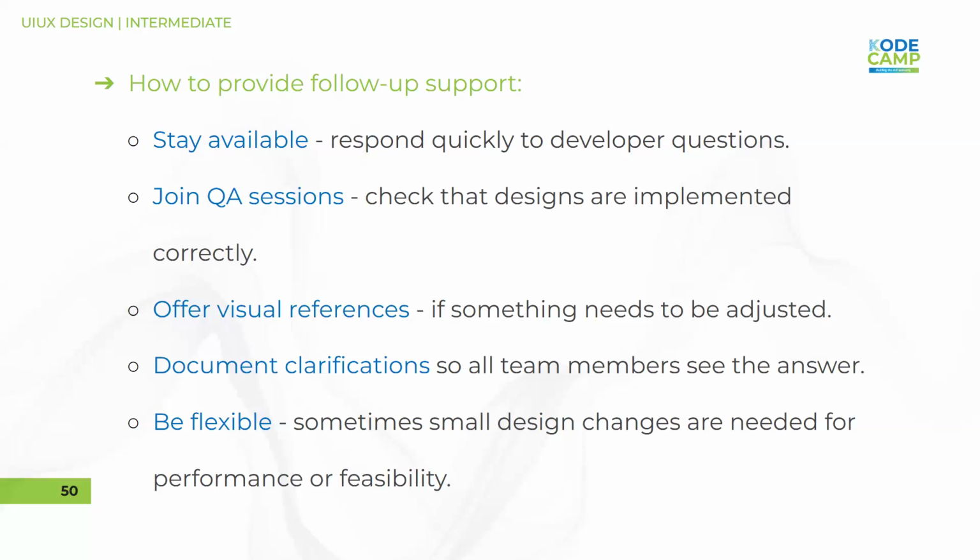If a developer tells you, this is the suggestion that I want, or this is how I feel this place should be, or this is how I feel users are going to feel while navigating this, or how they are going to use this particular section or flow, be flexible, all right? Change it. So think of follow-up support like customer service for your own design. You are making sure that the developer can work without confusion.